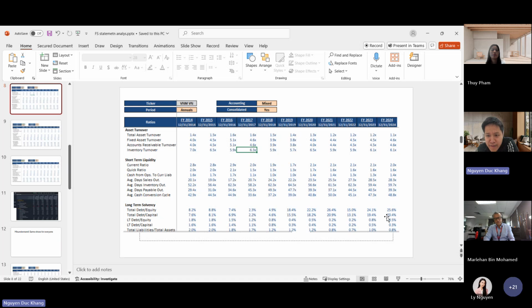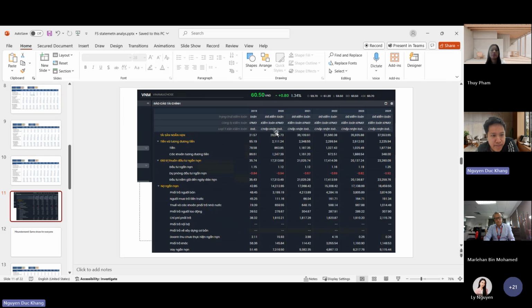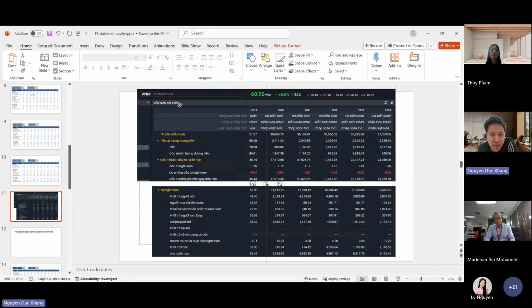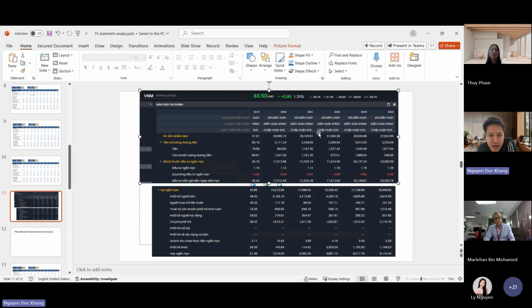But why do they have to use this debt? If we look at their financial statement, you can see that they have quite a lot of money.